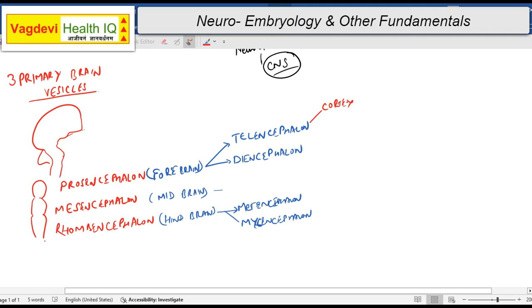Okay. Cortex, basically cerebral cortex. Now, another part which is most important it gives is the basal nucleus, what we popularly call basal ganglia. Okay. Diencephalon, later it gives which all parts? Anyone can tell?